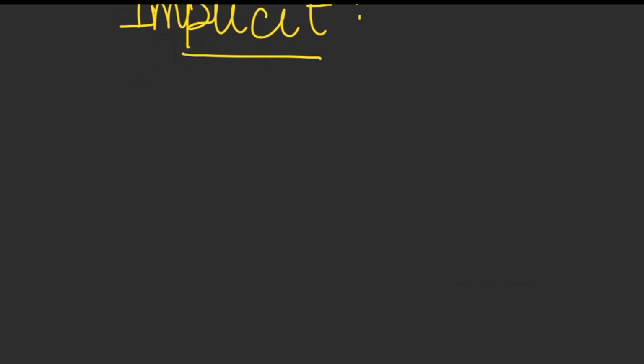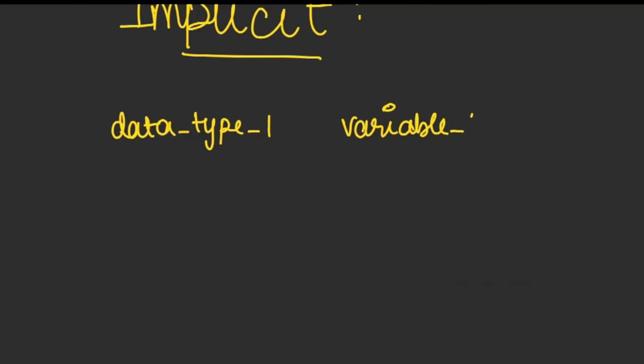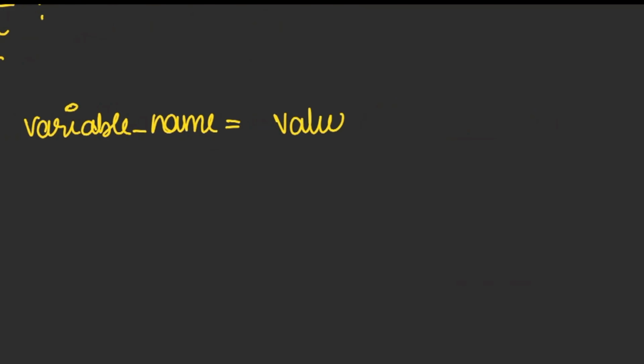Okay, now let's write down the syntax for both of them. We've already looked at it, but we can just write that down one last time. So implicit is simple. You have data type 1, I'm going to name this as data type 1 as the first data type, variable name equals value, right?